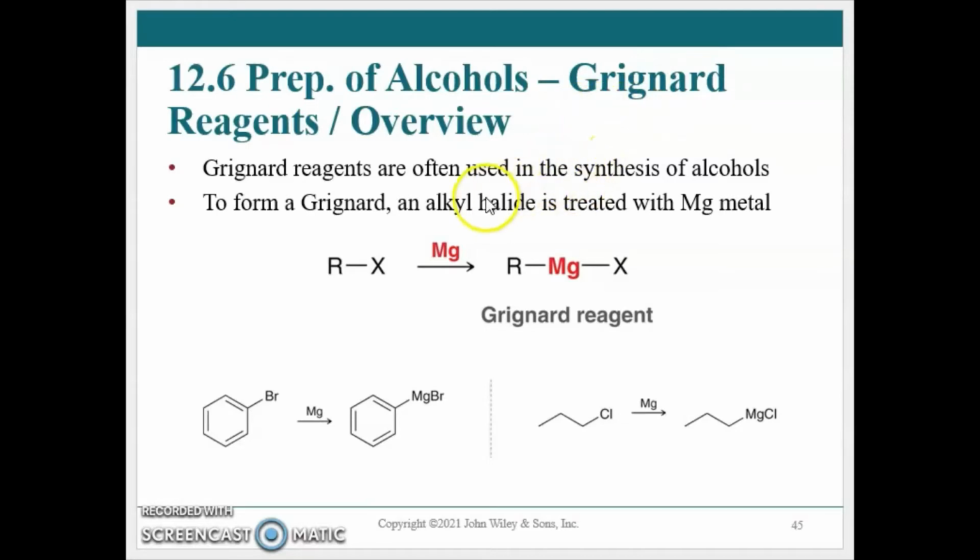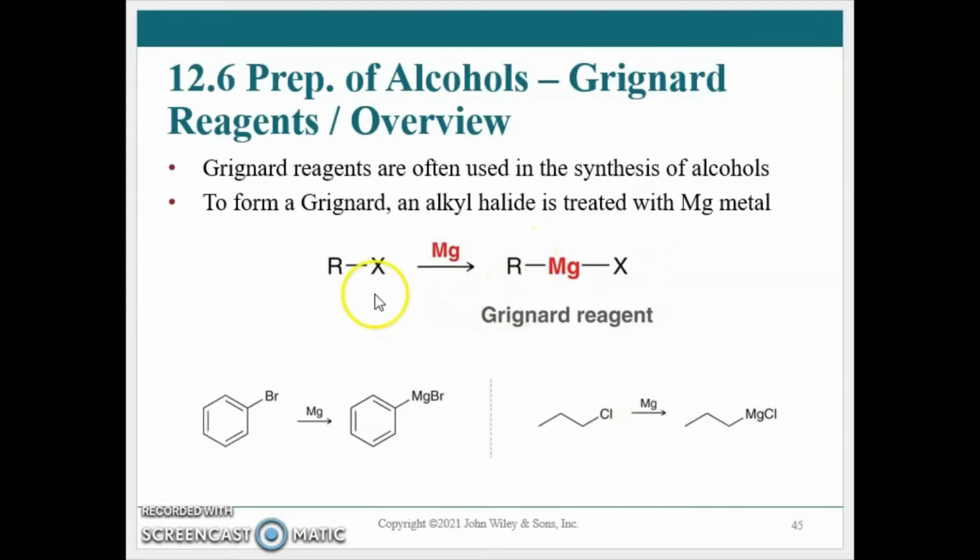To make a Grignard reagent, we begin with an alkyl halide, and in a solvent like ether or tetrahydrofuran, which is another type of ether, we react magnesium metal with the alkyl halide to form the organomagnesium halide. And this can be any of the halides.